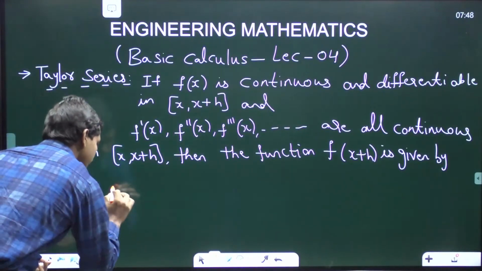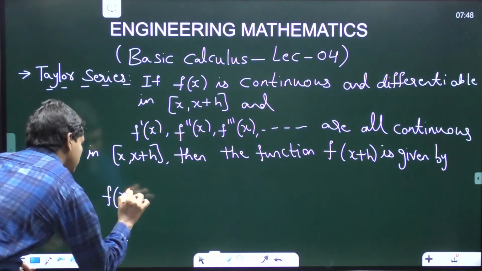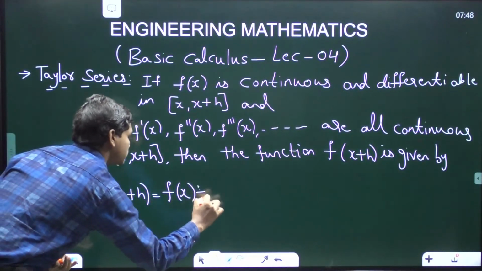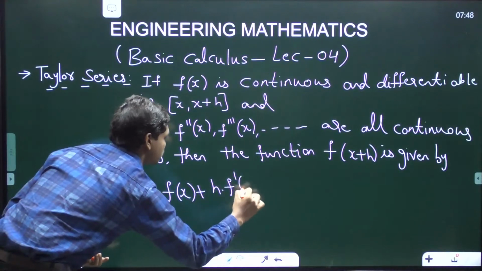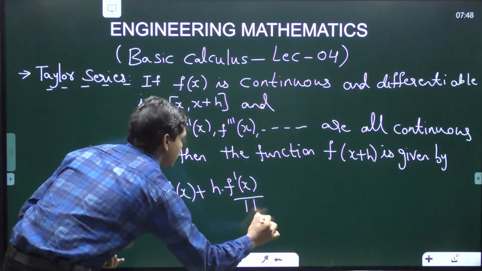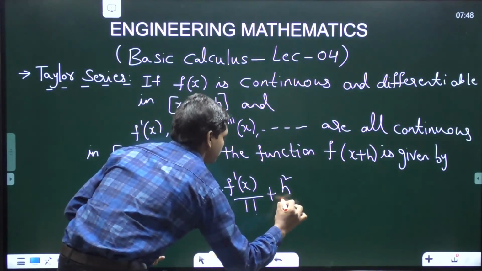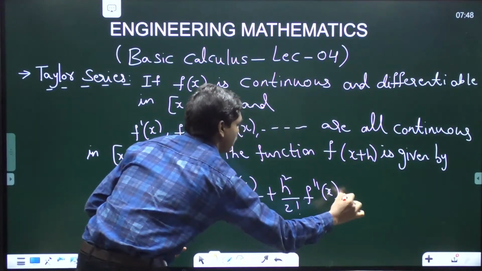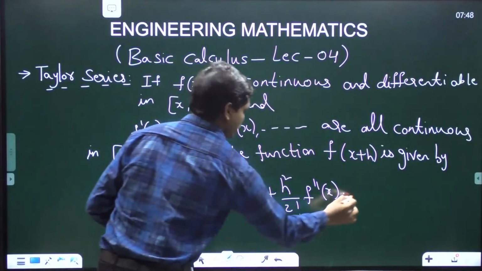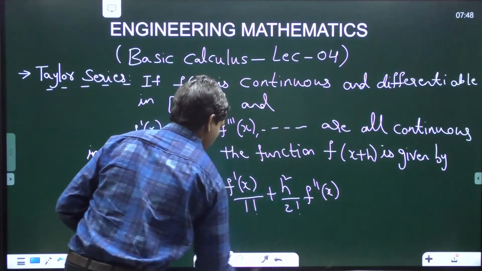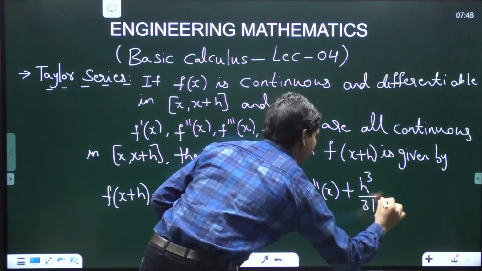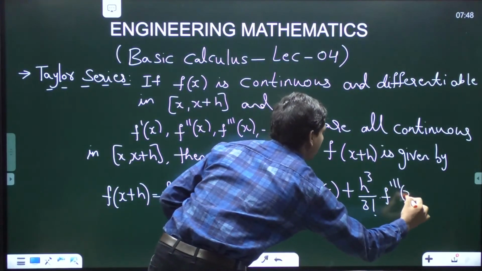Please take it carefully. f of x plus h is equal to f of x plus h into f dash of x by 1 factorial plus h square by 2 factorial into f double dash of x plus h cube by 3 factorial into f triple dash of x and so on.